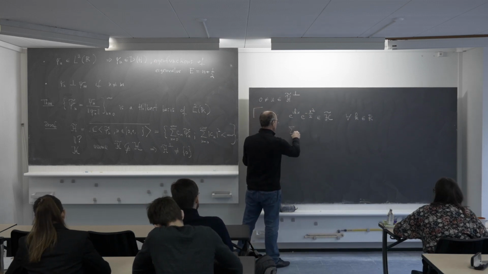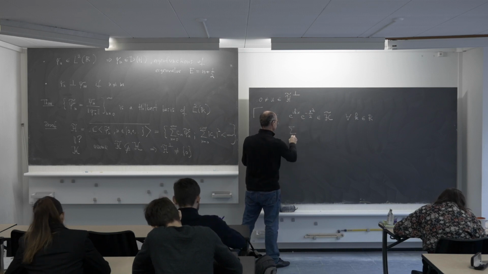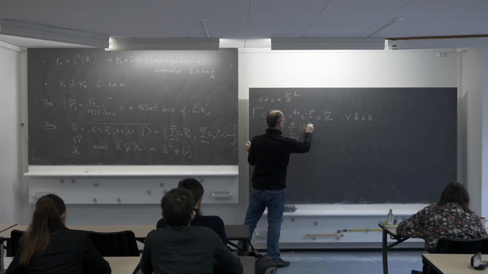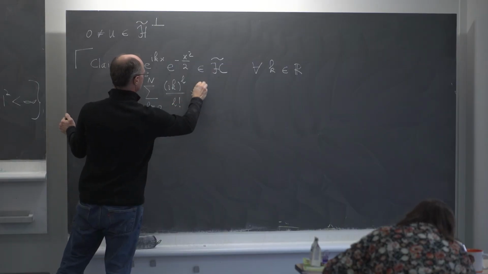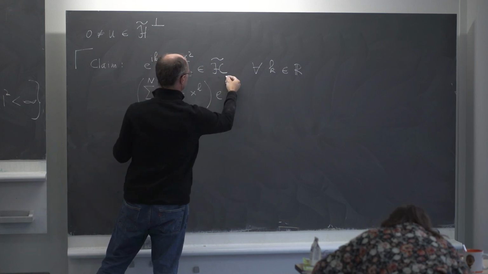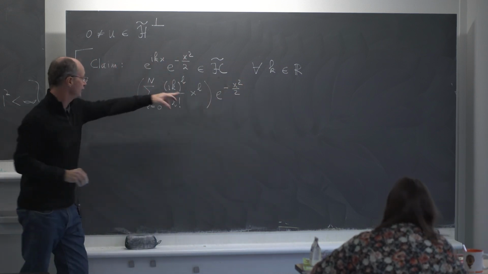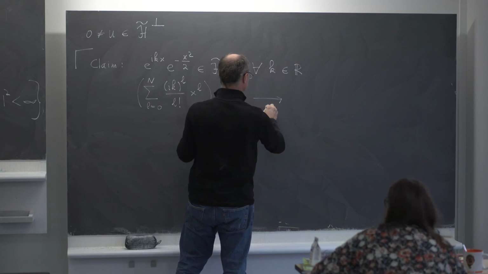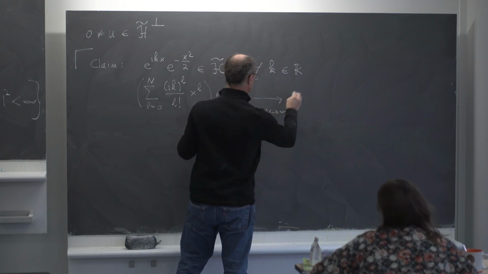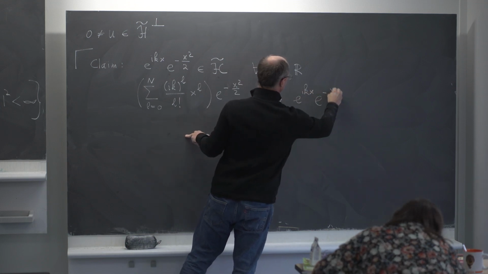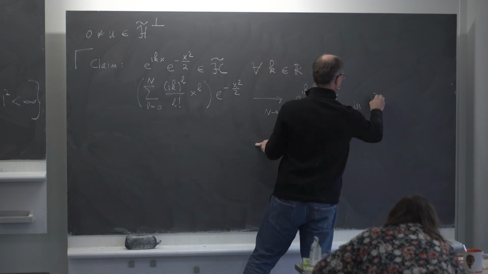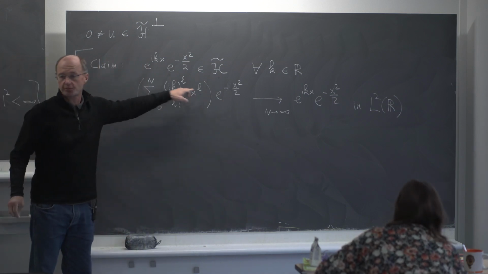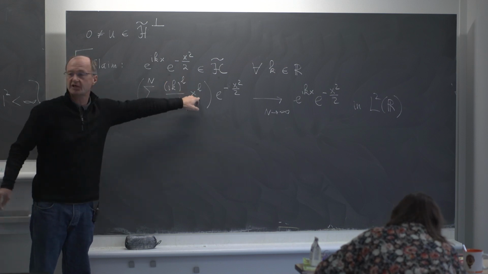So I claim that the partial sums for the exponential function, the partial sums of this form, converge to e^{ikx} times e^{-x^2/2} in L2 of R. And these guys are polynomials, and using Hermite polynomials we can obtain all of them.